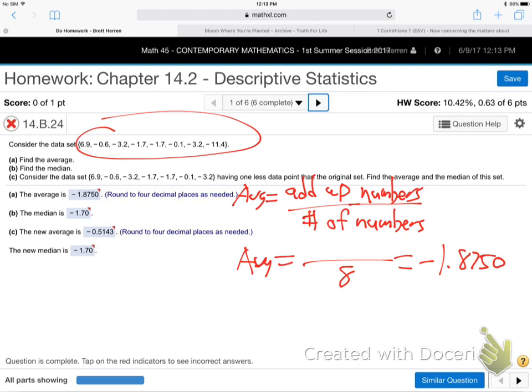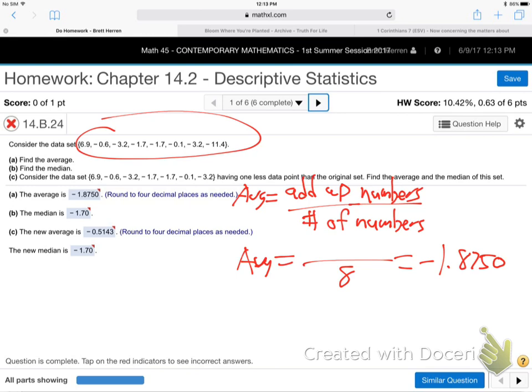Is that coming out okay? I got negative 15 over 8.